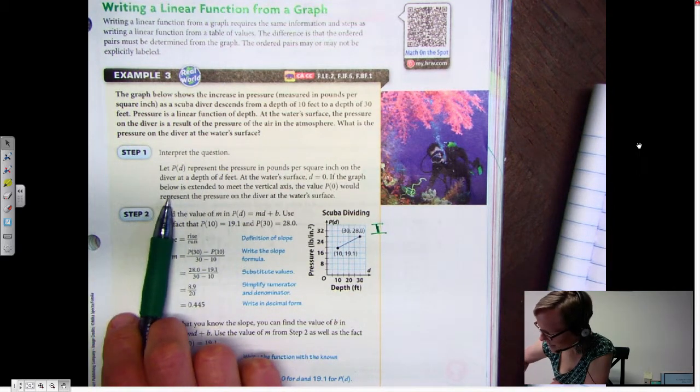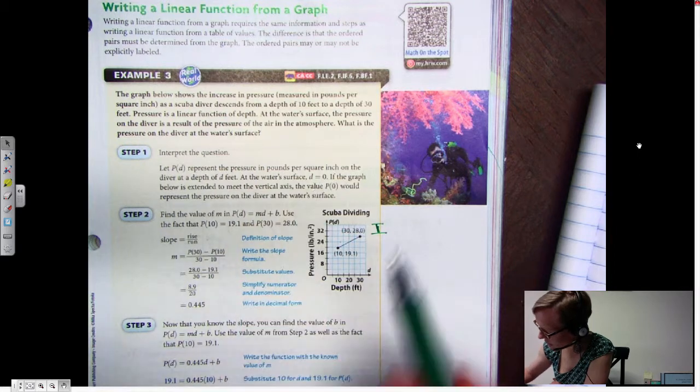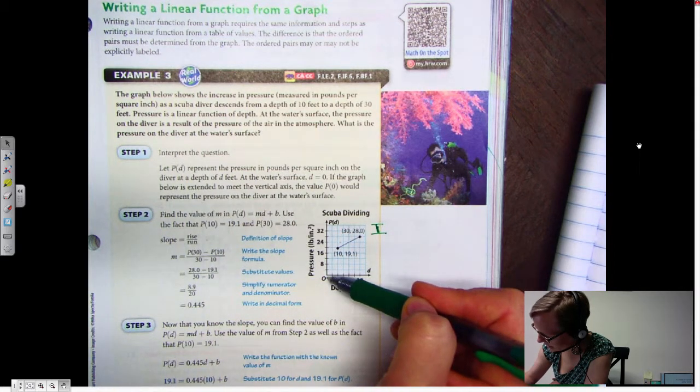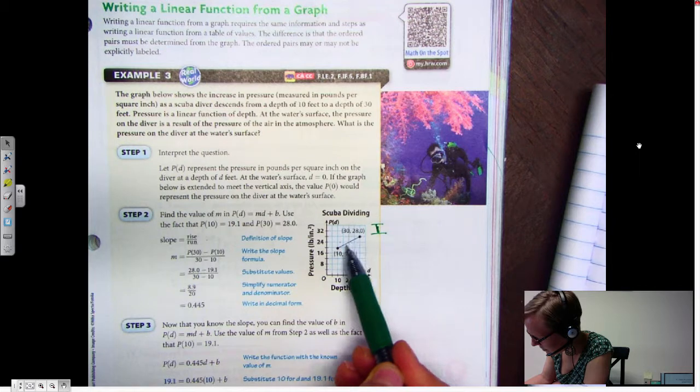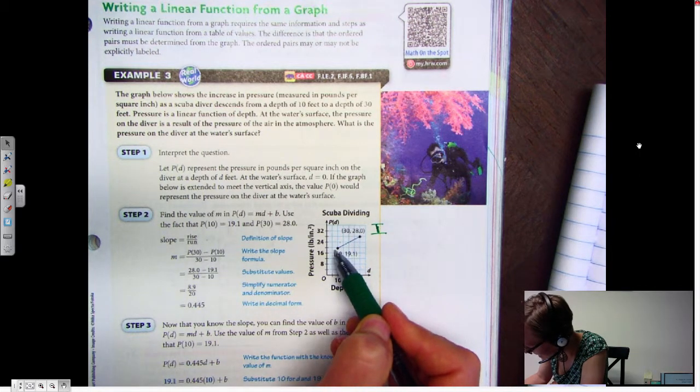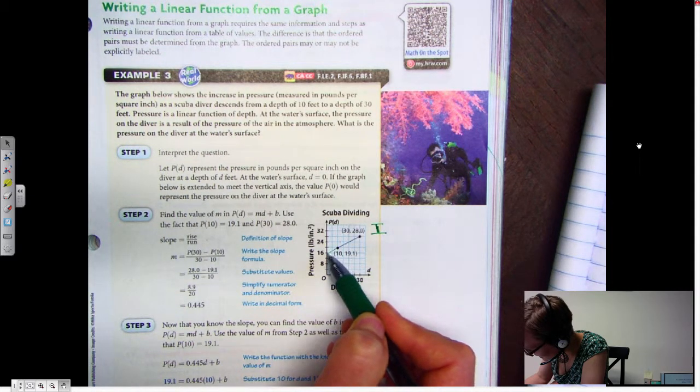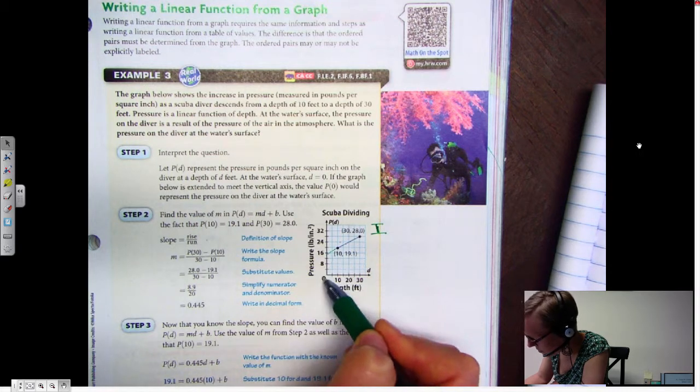At the water's surface, D equals 0. So the D equals 0 would be right here. If the graph below is extended to meet the vertical axis, the value P of 0 would represent the pressure on the diver at the water's surface. So what they're saying is, if this is a linear function right here, if we extended this in a straight line, that would give us what the pressure would be at a depth of 0.